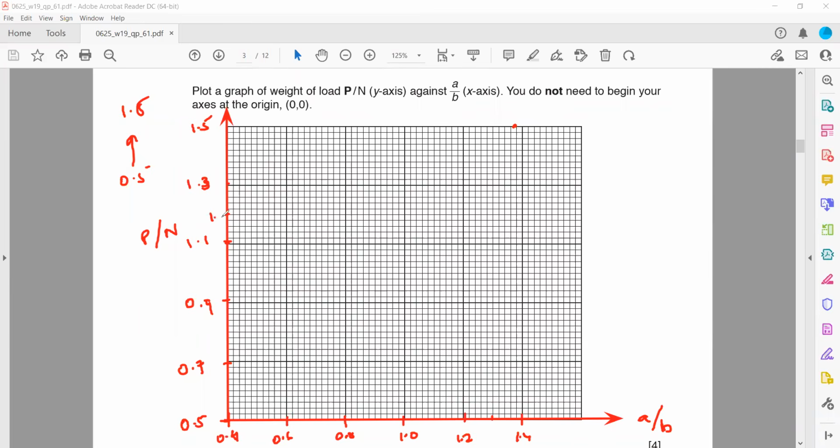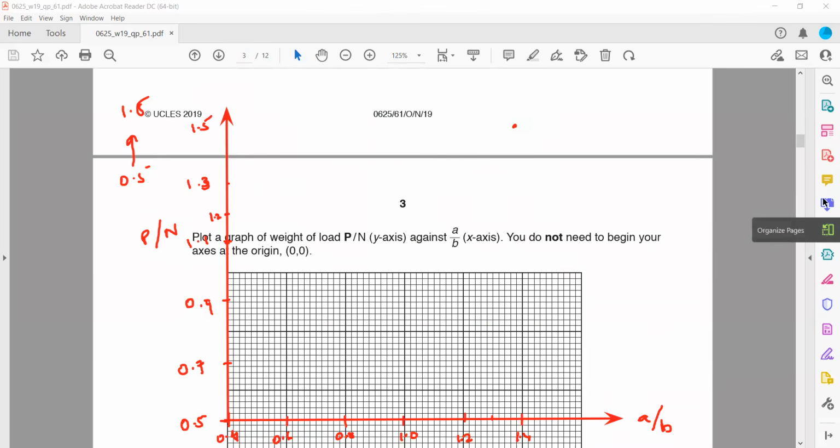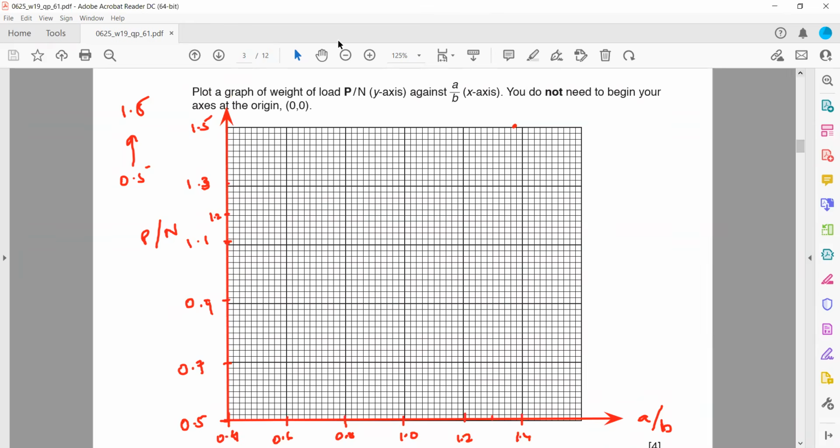So this is 1.2 on the y-axis and 1.13 on the x-axis.